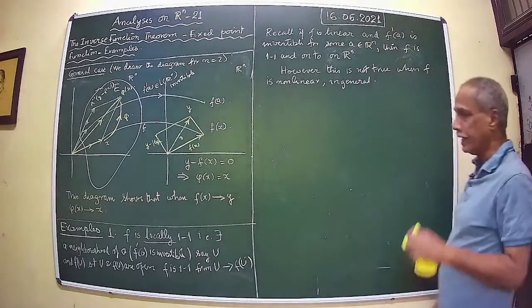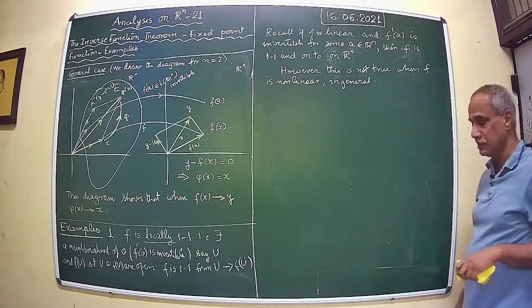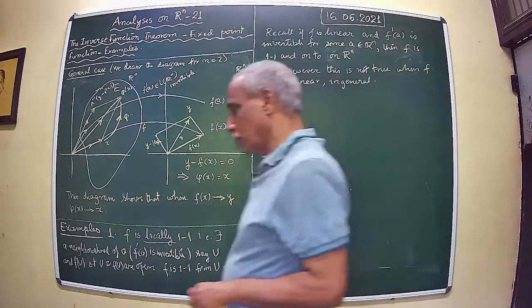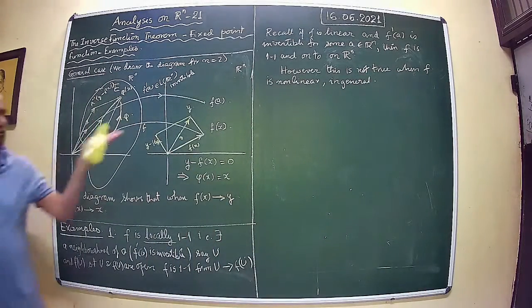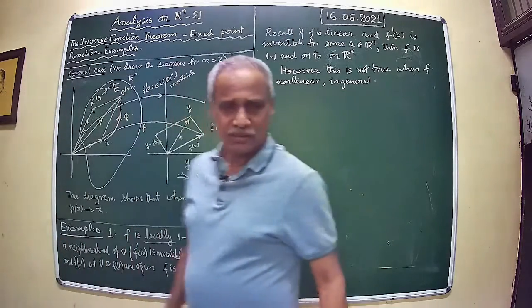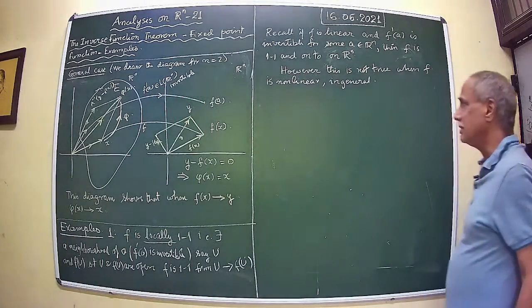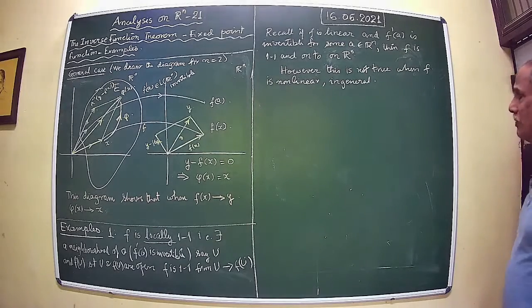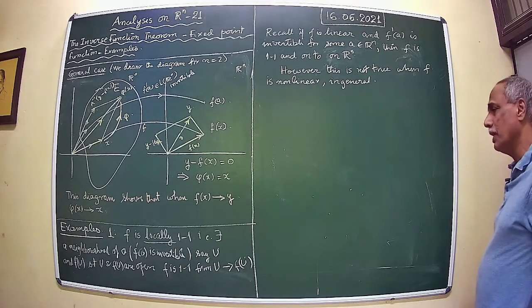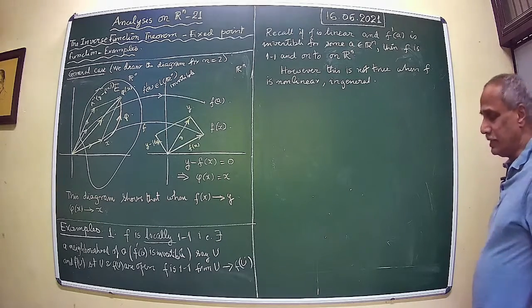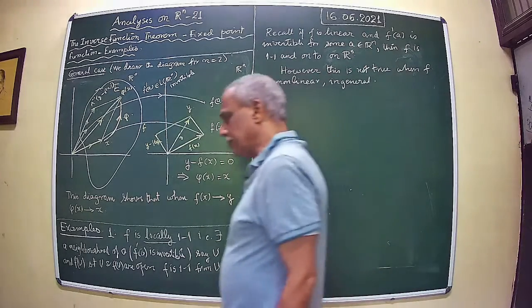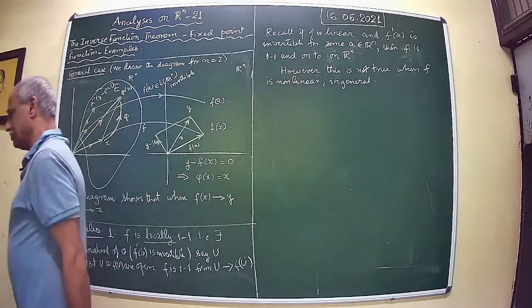For instance, if you take in the one-dimensional case a monotonically increasing function, strictly increasing function, then of course this result would be true. But in general, this is only a local phenomenon. What we are able to prove is only a locally valid theorem in some neighborhood of the point A. Okay.